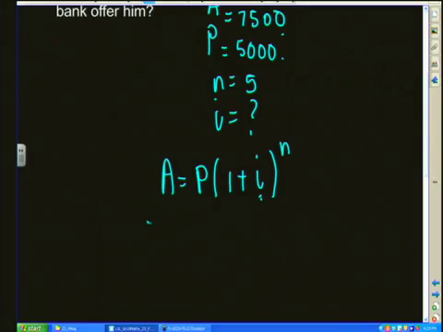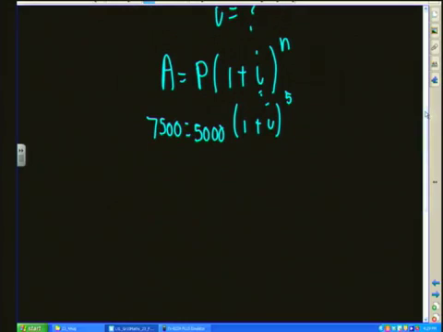So A, the final amount, we know is 7,500. Your initial amount was 5,000. And we are looking for the value of I, so obviously we don't know that, and N is equal to 5. All right. Remember, it is important, if N is in years, your interest rate needs to be annual.